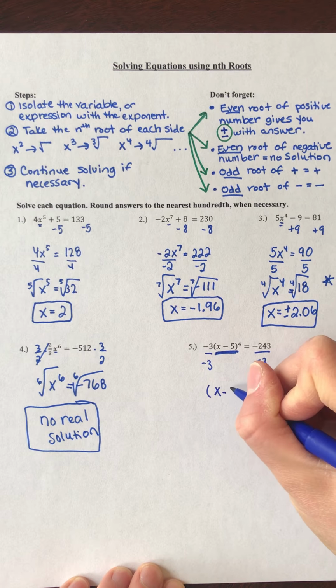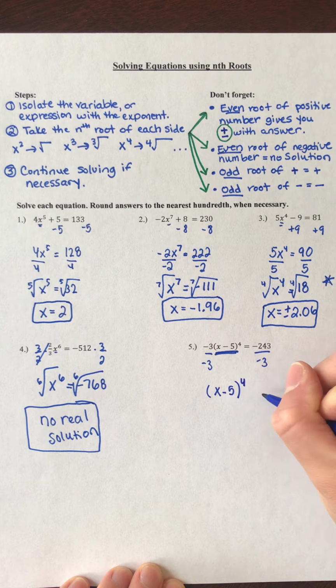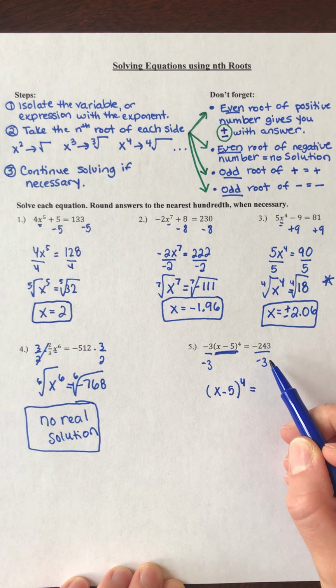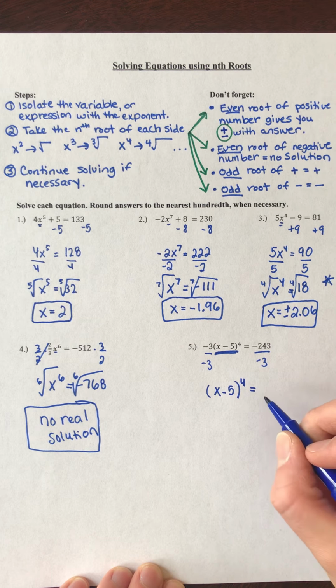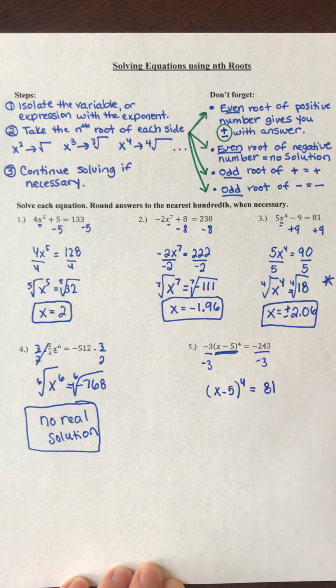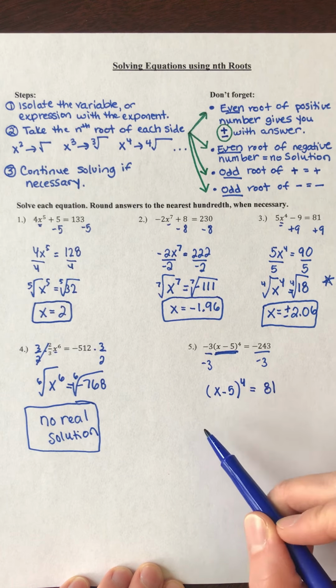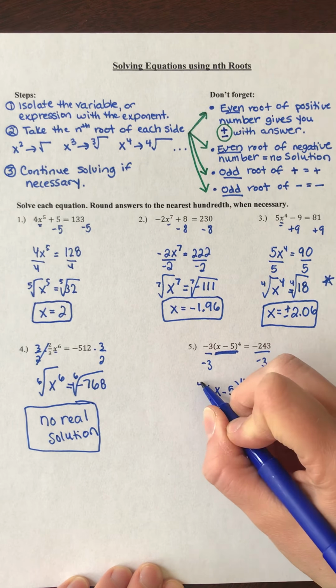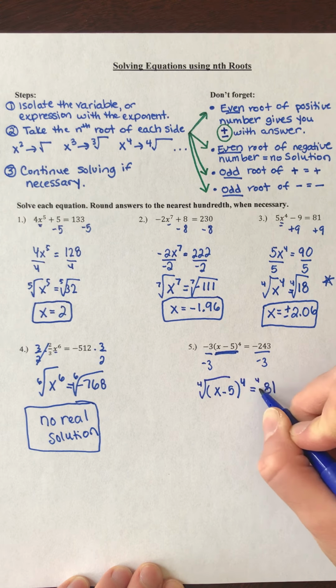So I'm left with x minus 5 to the 4th power equals a negative 243 divided by a negative 3 gives you a positive 81. Now, because this is isolated, don't distribute the 4 into the parentheses. Take the 4th root of each side.